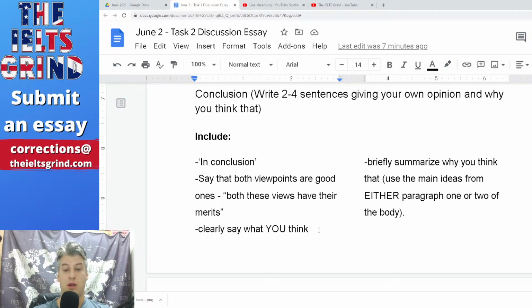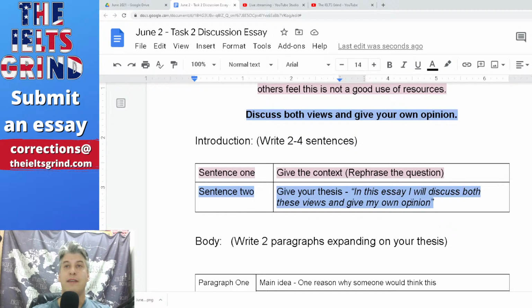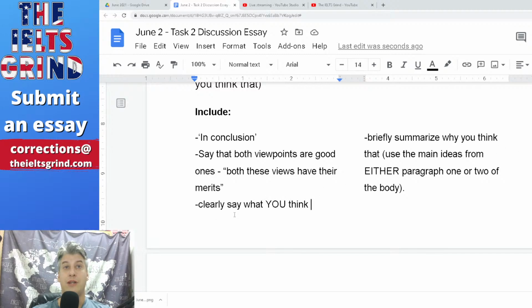And also clearly say what you think. You need to use the word I, okay? You want to say, I think, I believe, in my opinion. Make it very clear that you are now giving your opinion, because if we go back to our introduction, if you say in your thesis, in this essay I would discuss both these views and give my own opinion, but then you come to your conclusion and you don't say what you think, then you haven't done what you said you would do in your introduction.